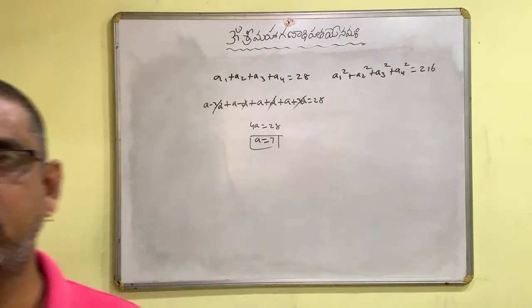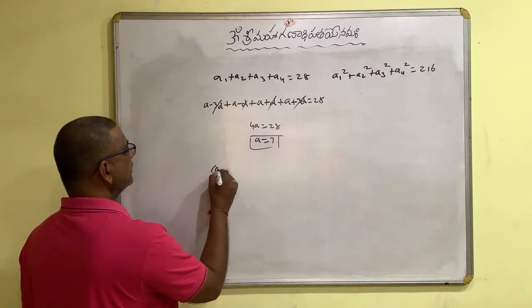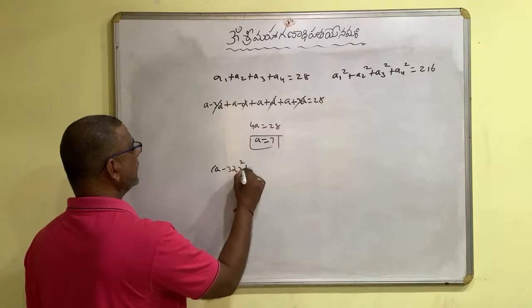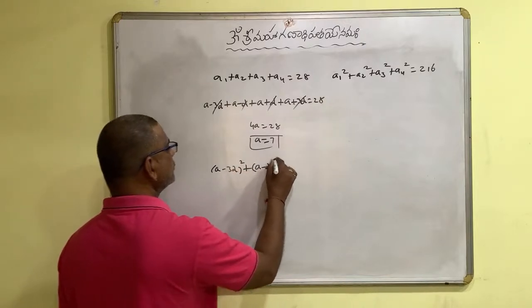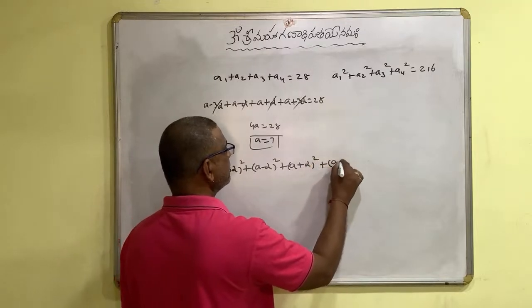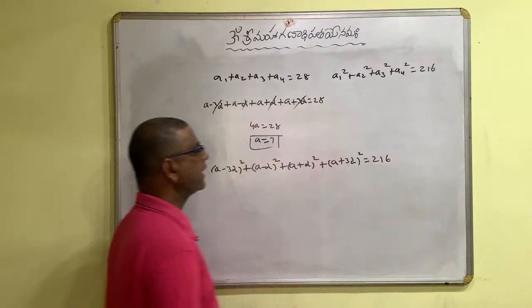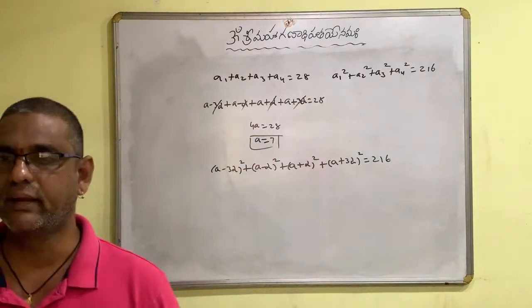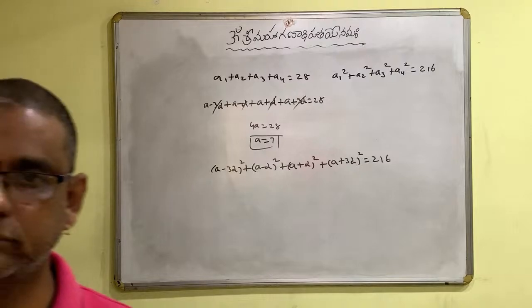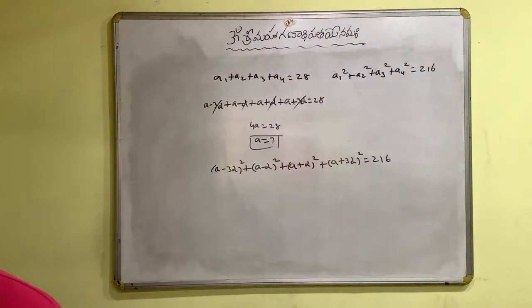Now a1 square, that means a minus 3d whole square plus a minus d whole square plus a plus d whole square plus a plus 3d whole square equal to 216. This is what is given.